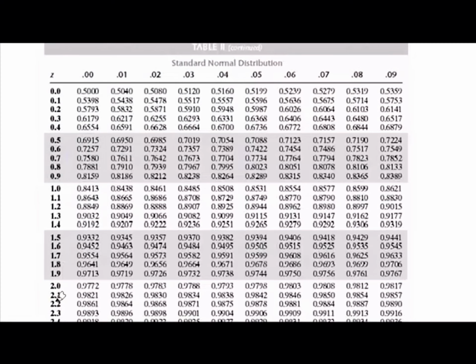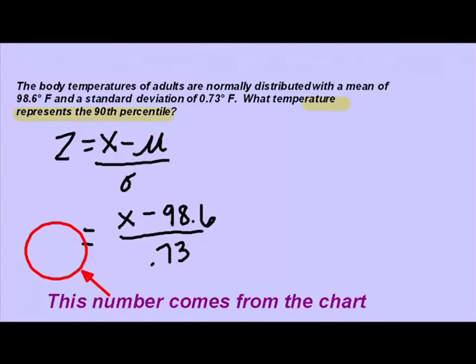Now we probably can already remember that 90th percentile came from a z-score of 1.28 because 0.8997 was as close as we could get. So go back to the problem, fill in the red circle with 1.28. Because this is a fraction and it equals something, I can put that over 1 and do a little cross multiplication.